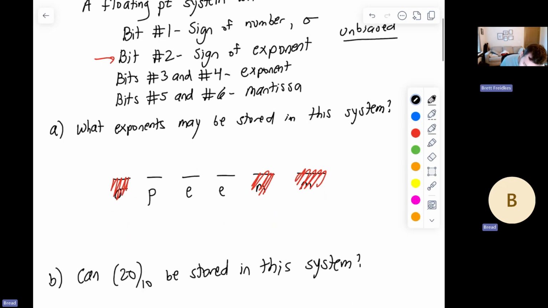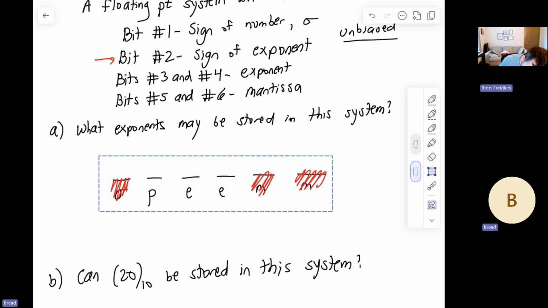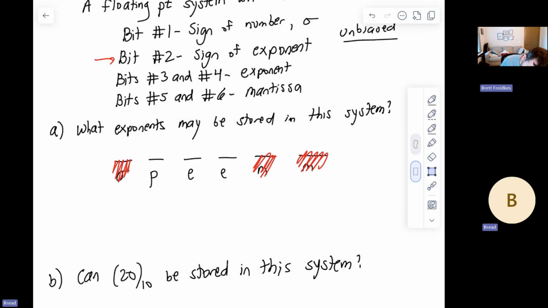So let's go ahead and think about this. Let's go to the lower end first and look at negative exponents. A negative exponent is dictated by the number 1, as we talked about in class. The way I remember this is that a 1 kind of looks like a negative sign that's been rotated 90 degrees.